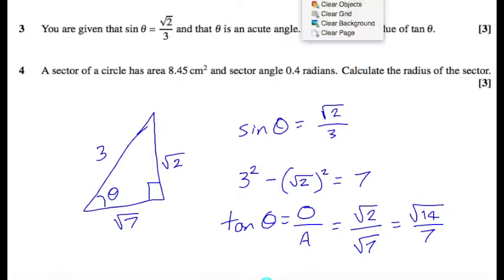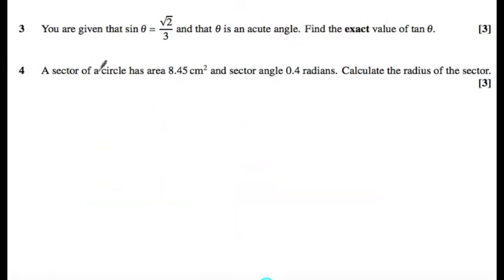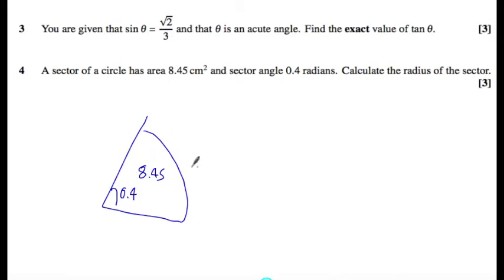Okay, question 4. A sector of a circle has area 8.45 and sector angle 0.4 radians. Calculate the radius of the sector. Well, you need to know that the area of a sector is found using half r squared theta. So we know that equals 8.45, and we also know the angle is 0.4.